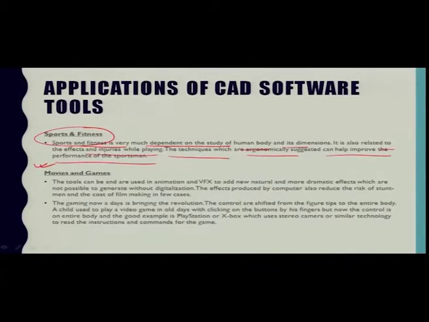Movies and games: tools can be and are used in animation and VFX to add new, natural and more dramatic effects which are not possible to generate without digitalization. The effects produced by computer also reduce the risk to stuntmen and the cost of filmmaking in a few cases. Gaming nowadays is bringing a revolution. The control has shifted from the fingertips to the entire body.